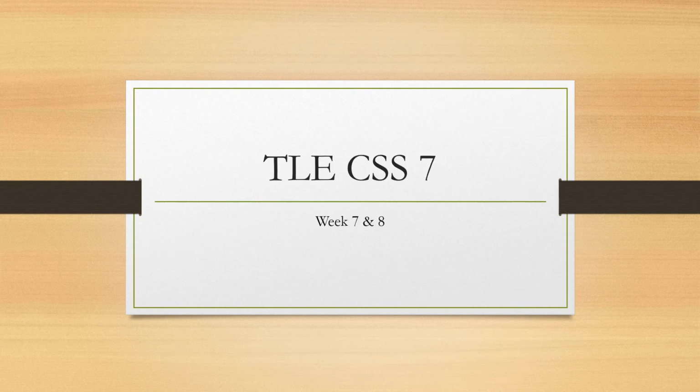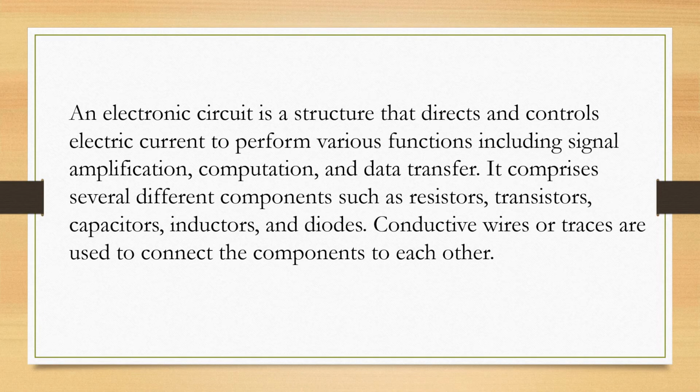TLE CSS Week 7 and 8 is all about testing electronic components and practicing OSH at work. An electronic circuit is a structure that directs and controls electric current to perform various functions including signal amplification, computation, and data transfer.